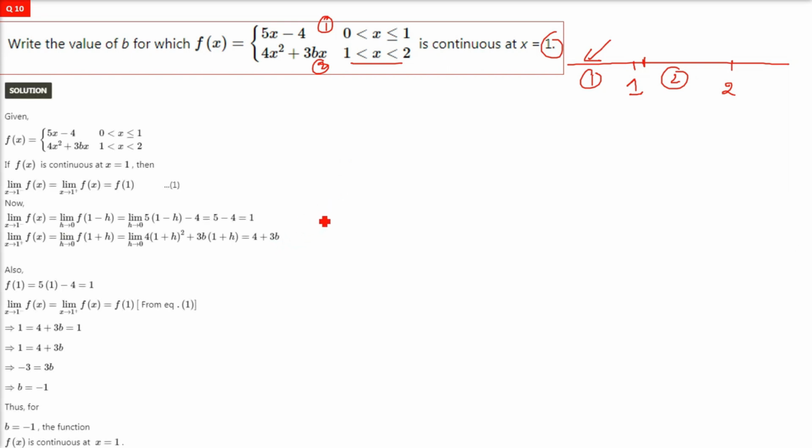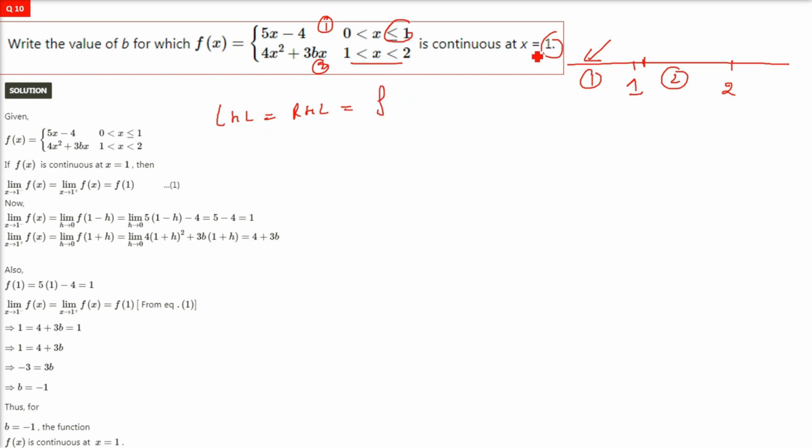So we'll find out the left hand limit and right hand limit. We'll equate them and then we'll equate it to the value of the function at 1, f(1). So LHL, RHL will give you continuity along with the value of the function at 1.